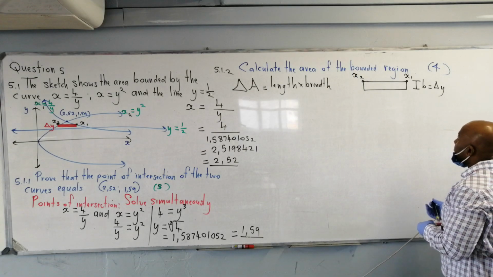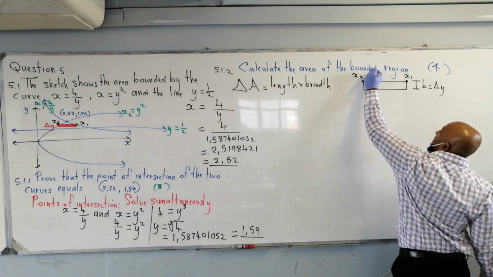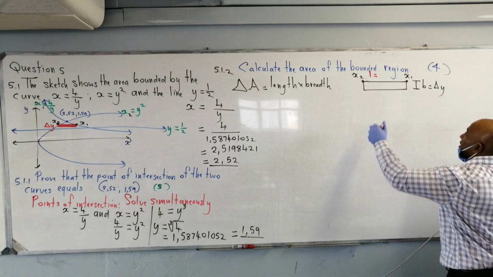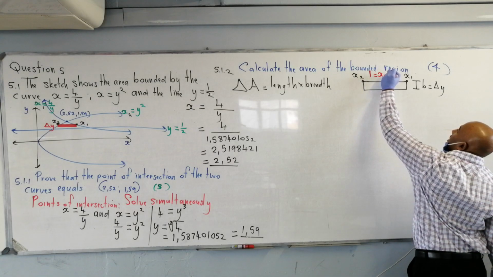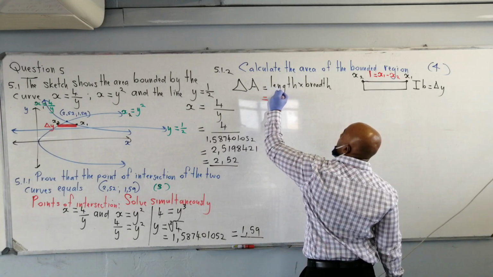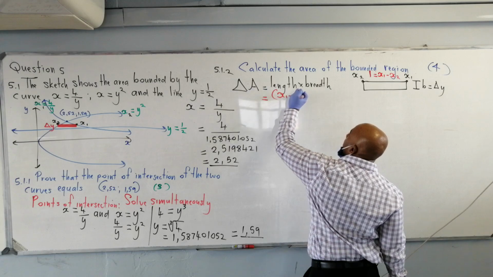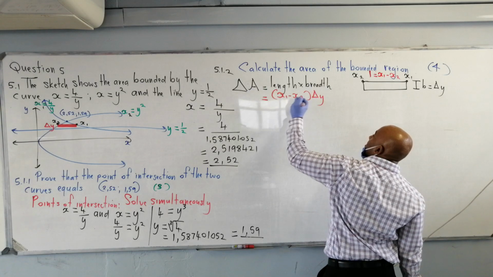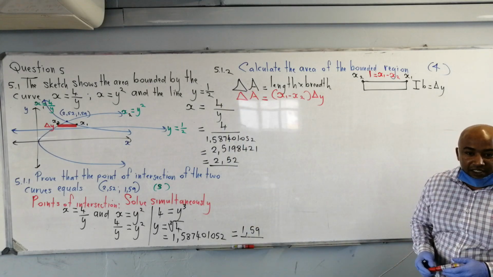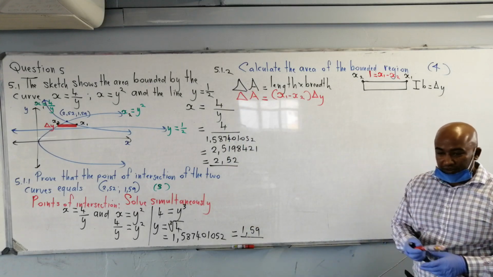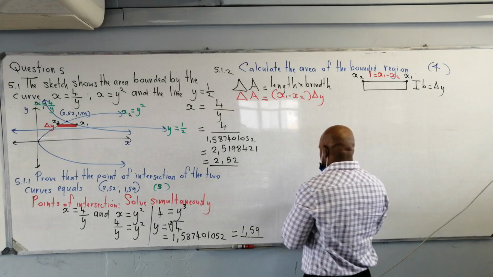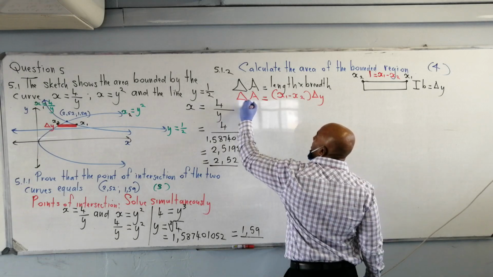So the length is the difference between these two values, the change in x, which is x1 minus x2. So your length is x1 minus x2 multiplied by your breadth, delta y. This is delta A. This is a compulsory step which you must write down. This is the area of the representative rectangle, and now you will write down the formula for total area.